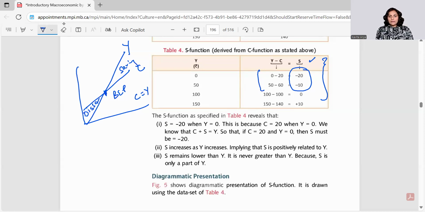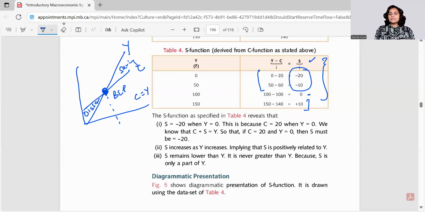On a comparative note, till then our savings are negative. At the BEP we are neither borrowing nor saving, so consumption is equal to income, hence savings are 0. And the third stage is when we start consuming less than the income, we start saving. So the savings are positive.